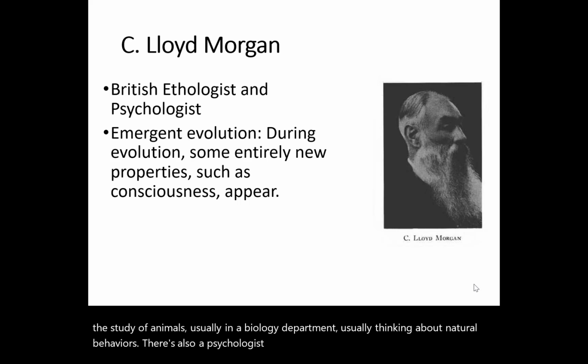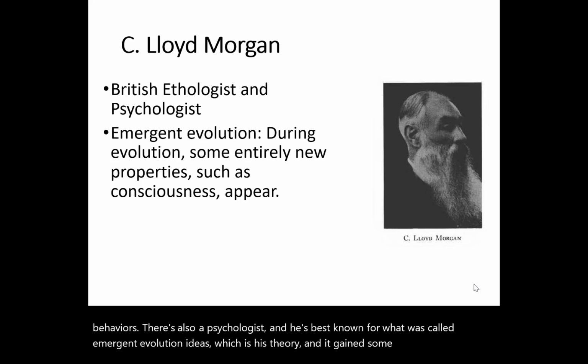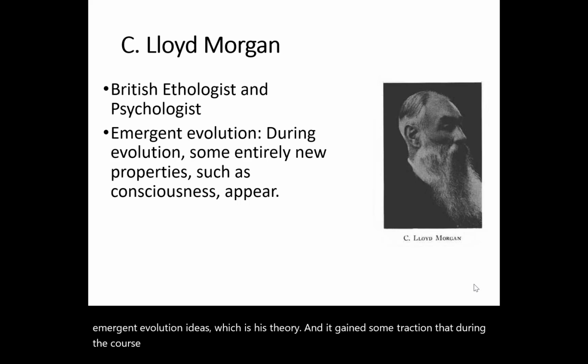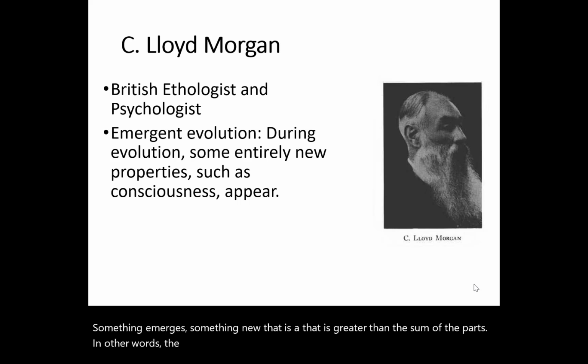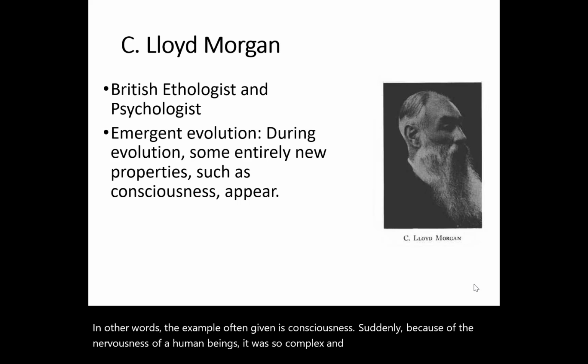And he's best known for what was called emergent evolution ideas, which is his theory, and it gained some traction, that during the course of evolution, sometimes something emerges, something new that is greater than the sum of the parts. In other words, the example often given is consciousness. Suddenly, because of the nervous system of human beings, it was so complex and consciousness emerged, right?